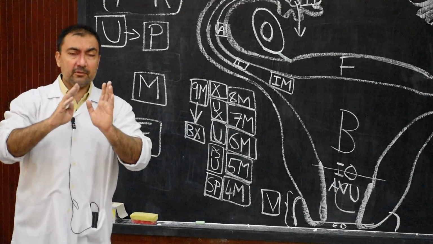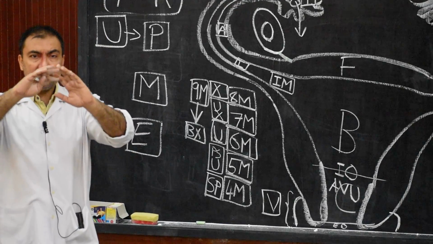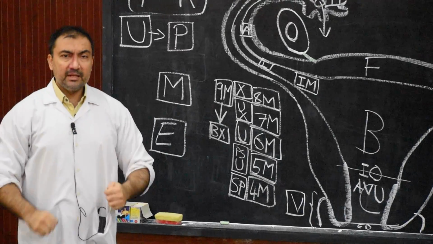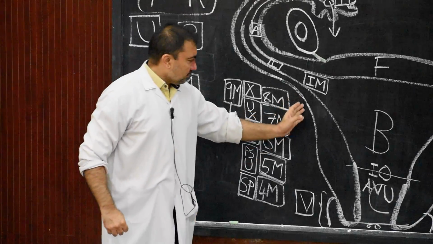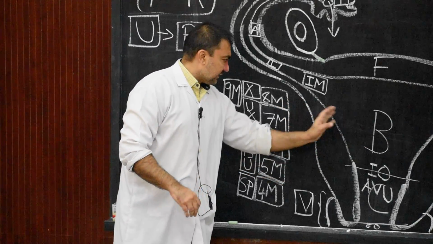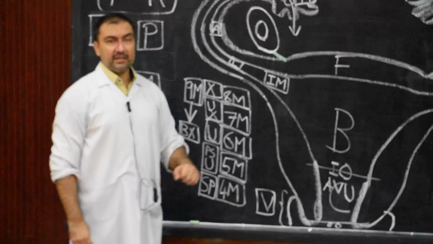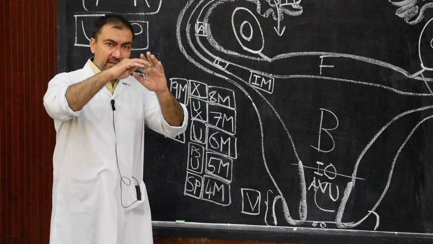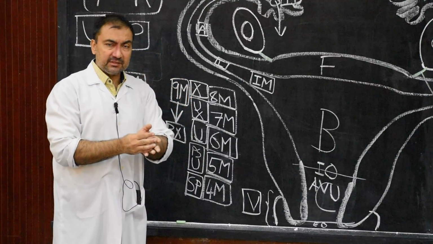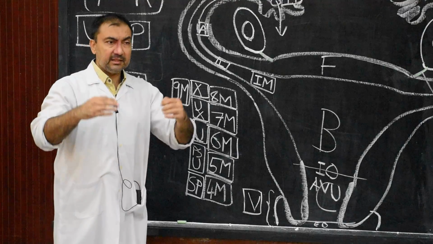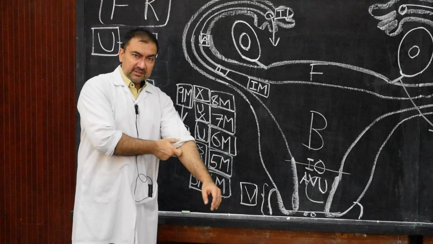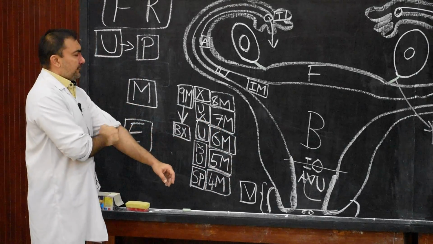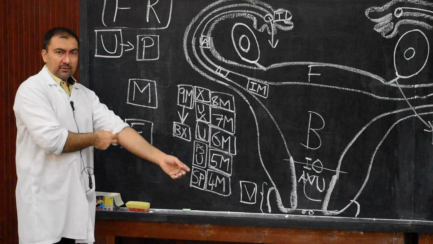So a fold of peritoneum will cover the entire uterus, except laterally, where both lateral margins of the uterus, right and left side, are connected with the broad ligament. Otherwise, the entire surface of the uterus is covered with perimetrium. It is nothing but a connective tissue layer derived from peritoneum. So this is perimetrium.